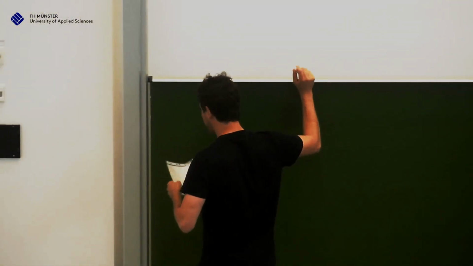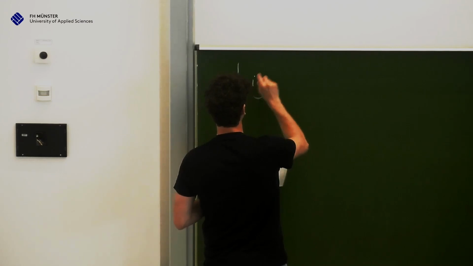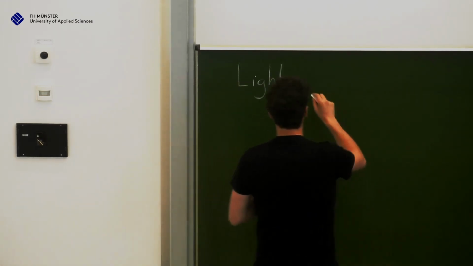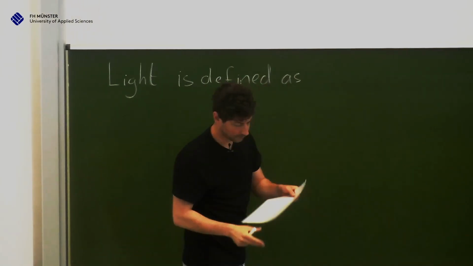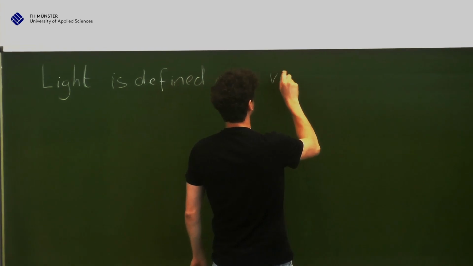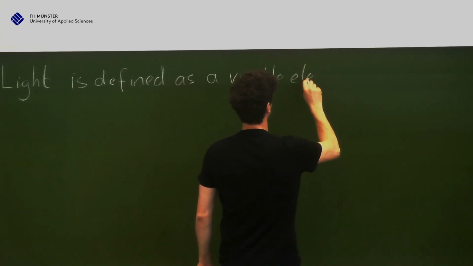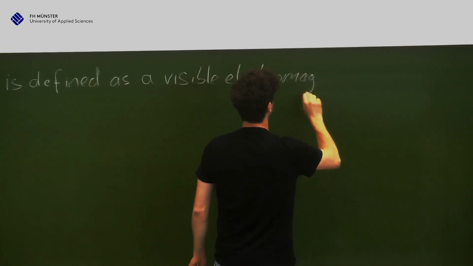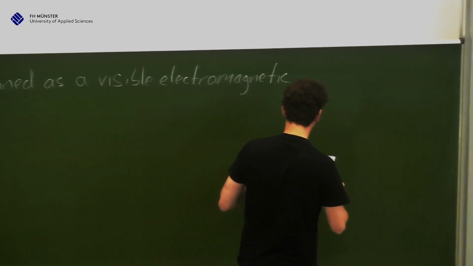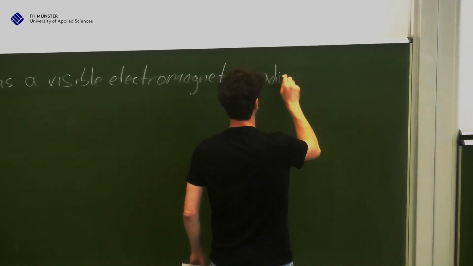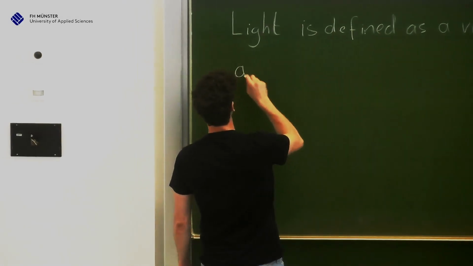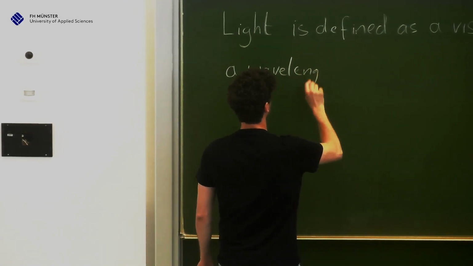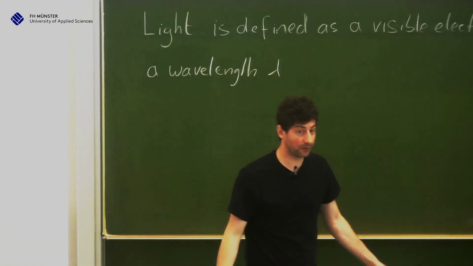First I make some basic definitions, and this is that light is defined as visible electromagnetic radiation having a wavelength lambda. What is the wavelength of visible light, roughly?